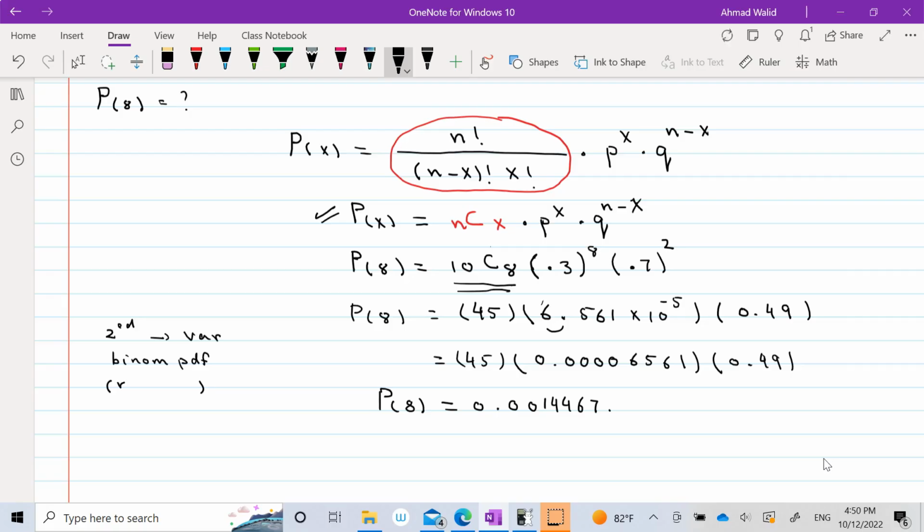First, you punch your N, then use comma, then lowercase p, then comma, then X. Enter, and again enter, it gives you the number. Correct? That was how to use TI-84. I'll stop the lecture.